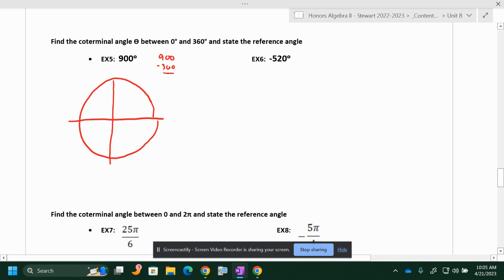I'm going to get to 540, which is still not in that range, so I'm going to go one more time around, 360 again. And I would land at 180. Since 180 is on our x-axis, there is no reference angle.